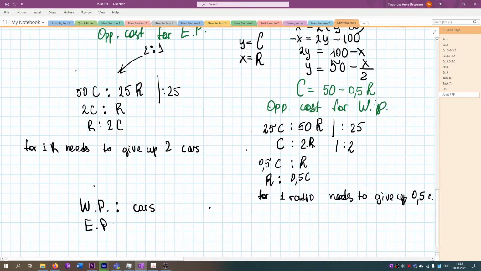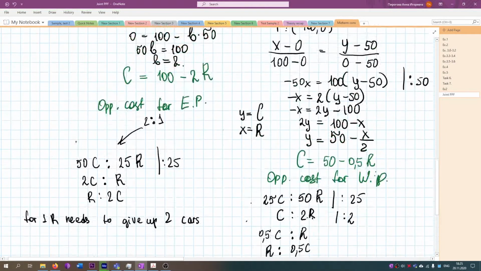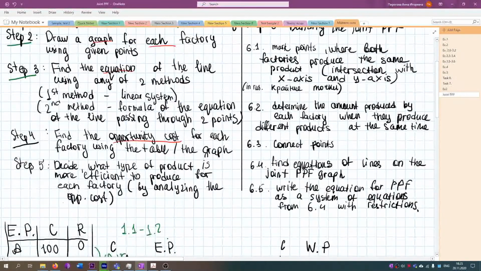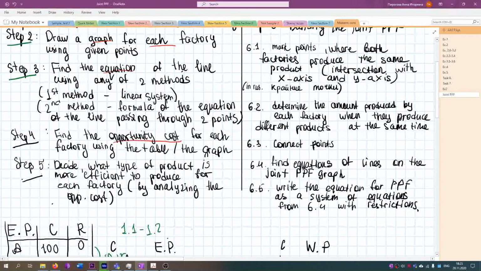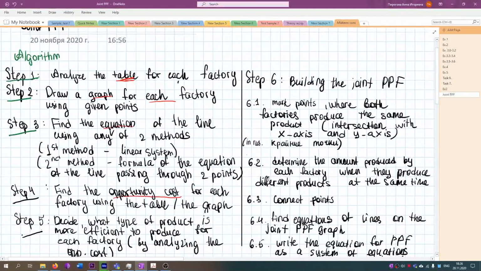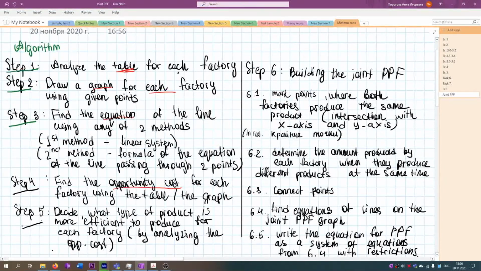And Eastern production then should produce radios. So we made a decision about what type of product should be produced by each factory to optimize the results. And now we are ready to build the joint production possibility frontier.